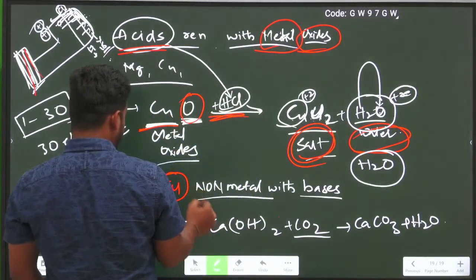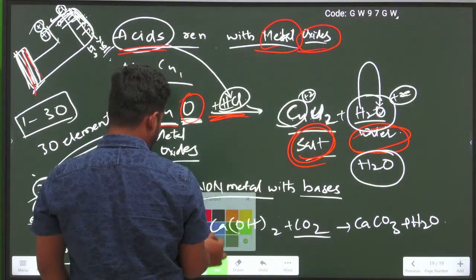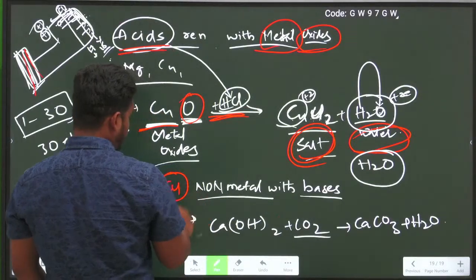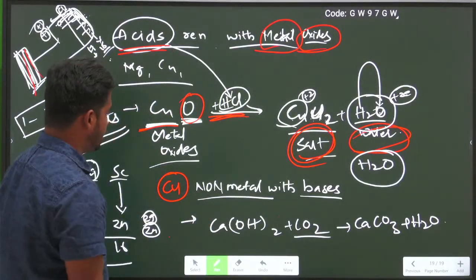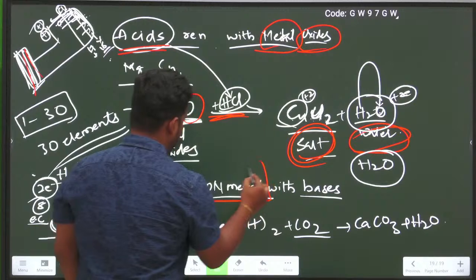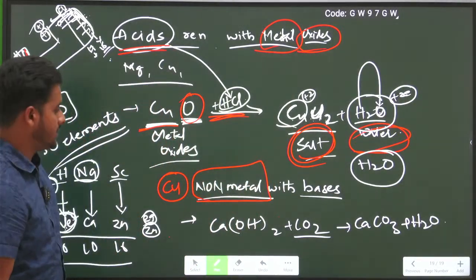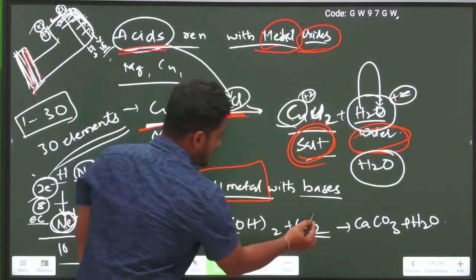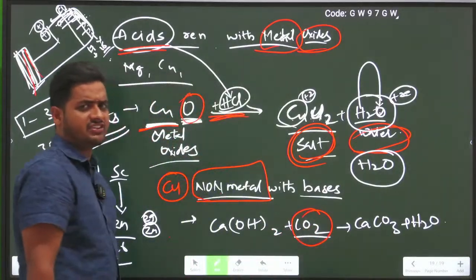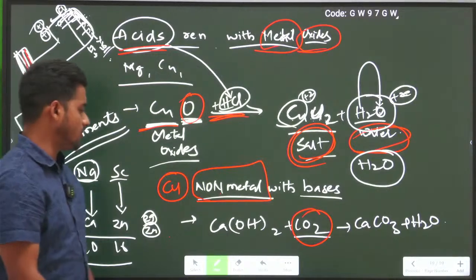So this example says that a non-metal reacts with bases. What is a non-metal? It is not a metalloid, it has non-metallic character. CO2 is gaseous, not in metallic form.